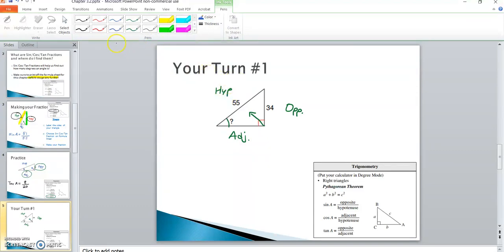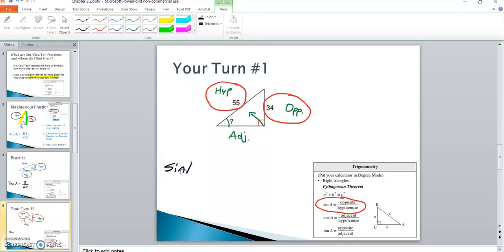So here, one of the sides is 55, which is my hypotenuse, and one of the sides is 34, which is my opposite. So I have to look on my formula sheet for the opposite and the hypotenuse, which is right there.